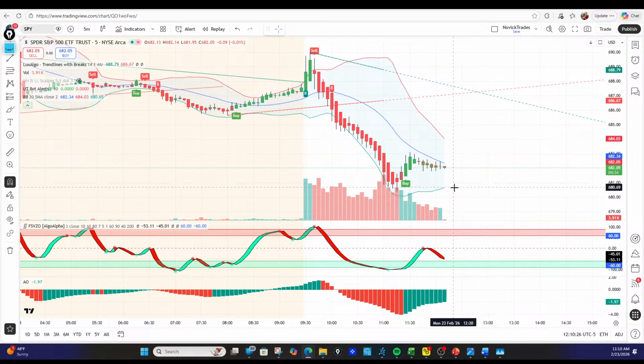If not, it'll come down and then bounce off of this standard deviation line. So what we want to see is it puncture that. So we'll just look at it for just a minute, see what it does.